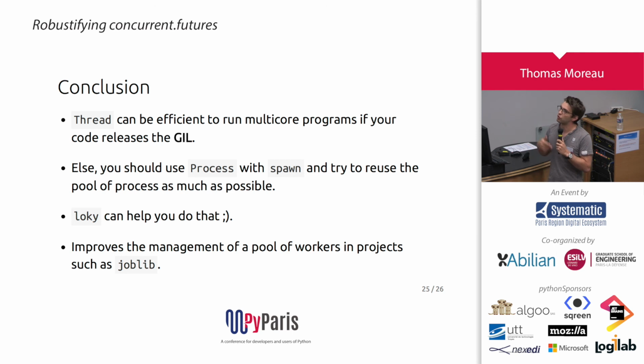For instance, if you want to hide the cost of spawning the processes, you should try to reuse the pool of processes as much as possible, and Loky can help you do that. It's currently under review to be integrated into Joblib, to add some better management of a pool of workers in those projects.